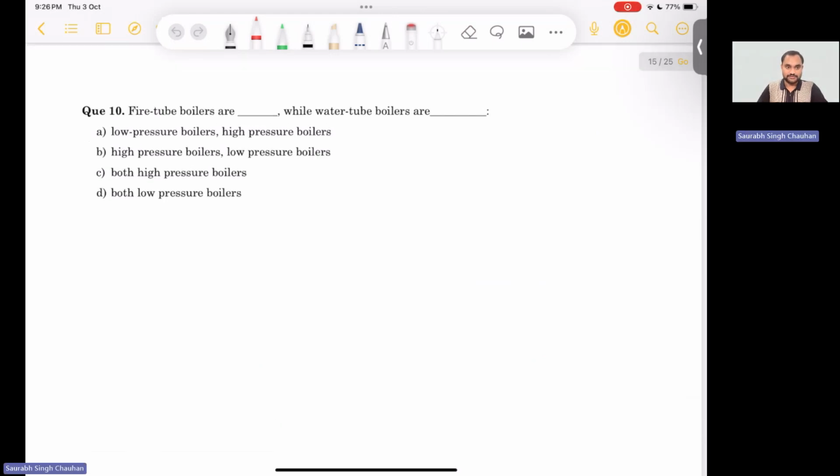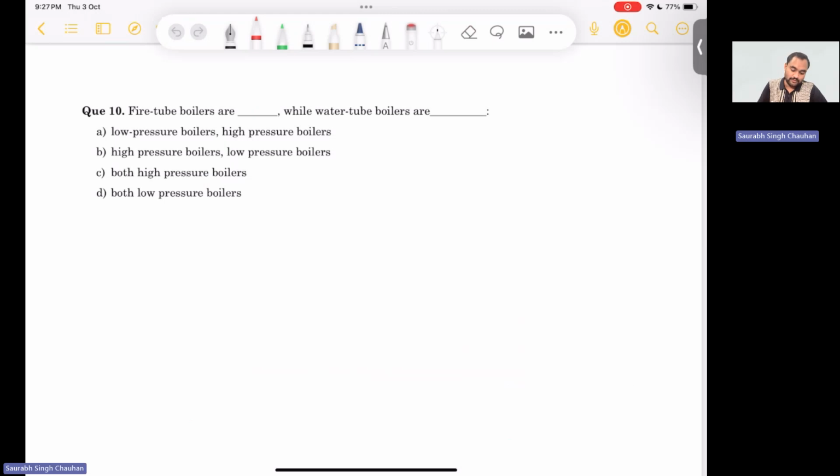So now you can answer this question. Fire tube boilers, as we discussed, operate at low pressure as compared to water tube boilers. And water tube boilers operate at higher pressure as compared to fire tube boilers.